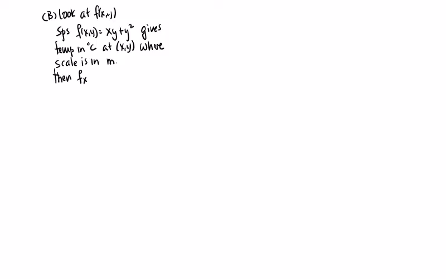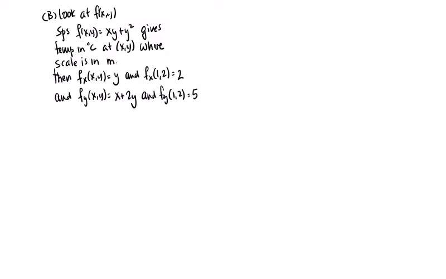Let's run through it again. f sub x of xy is y plus 0, let's just write y, and f sub x of 1, 2 is 2. And f sub y of xy, the same calculation as before, is x plus 2y. f sub y of 1, 2 is 5. While we're at it, we'll note that f itself at 1, 2 is xy plus y squared, which is 2 plus 2 squared, which is 6.